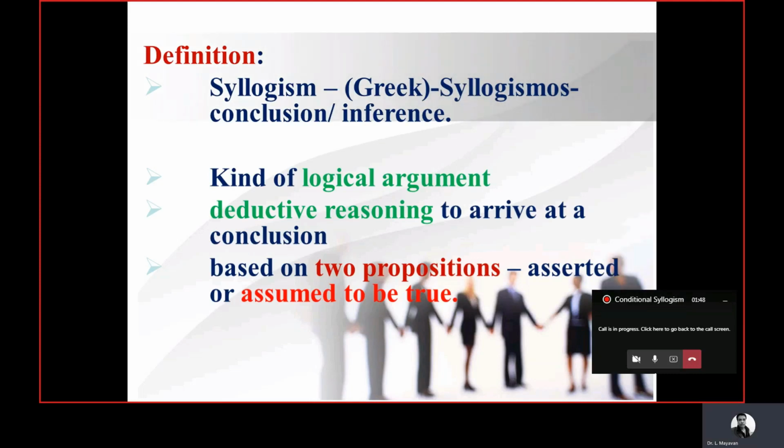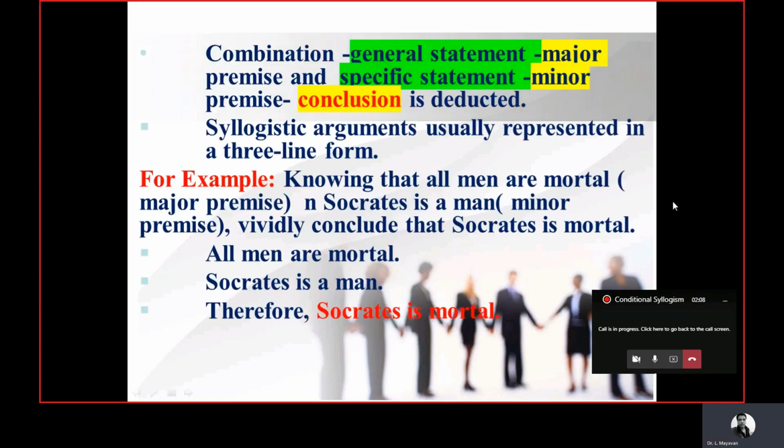or inductive reasoning to arrive at a conclusion based on two propositions asserted or assumed to be true. So syllogism is to arrive at a conclusion or infer conclusions.